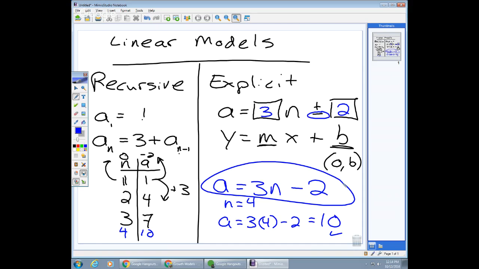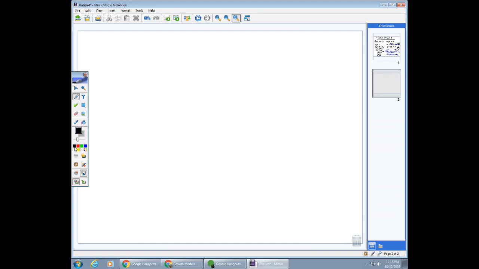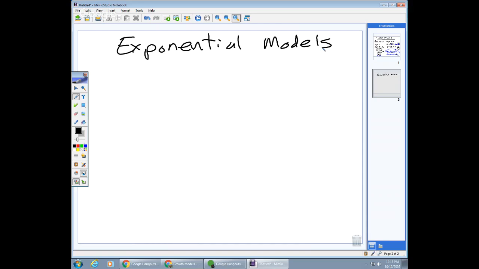Okay. All right, so that's linear models. Then we started talking about exponential models toward the end of class the other day. And exponential models, like linear, could either be recursive or explicit.